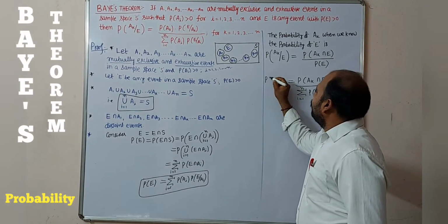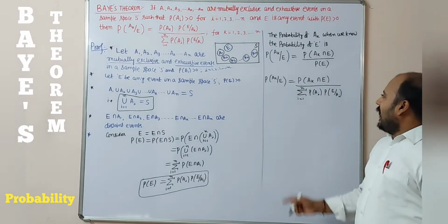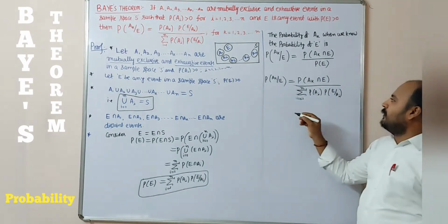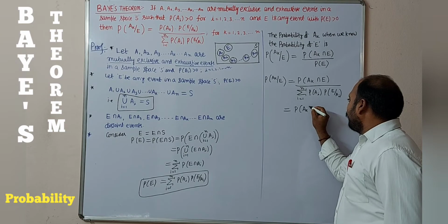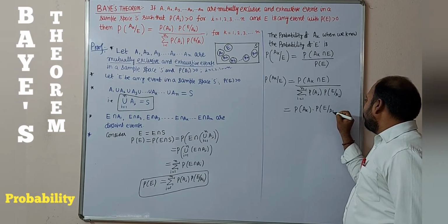This is P of AK given E. Again, by using conditional probability, P of AK intersection E can be written as P of AK into P of E given AK.